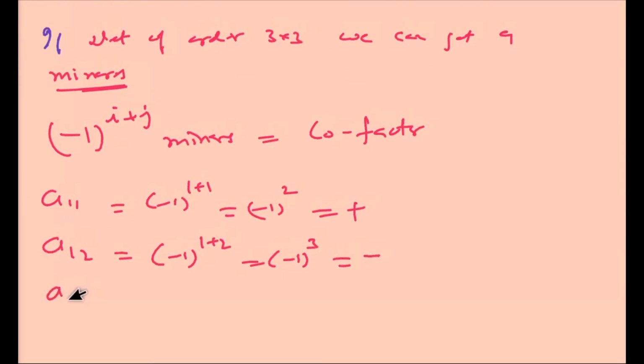This way you can find the sign of any one, for 1 3, 1 plus 3, minus 1 to the power 4, even, it is plus. So you can see the sign of every place will always be plus or minus, right?